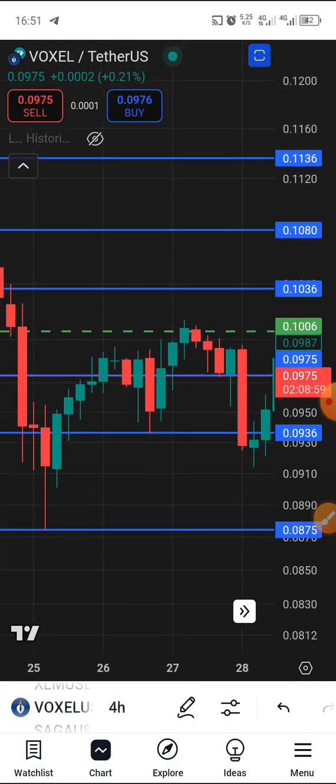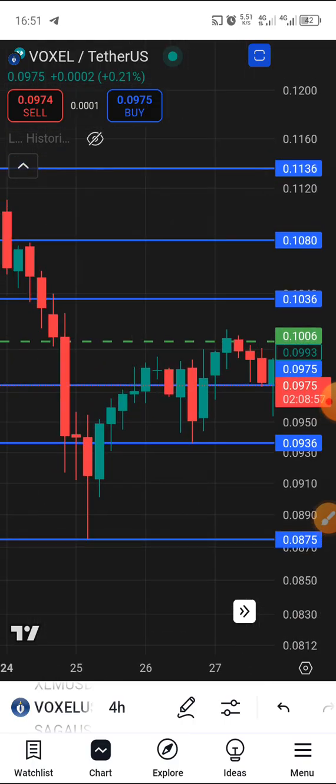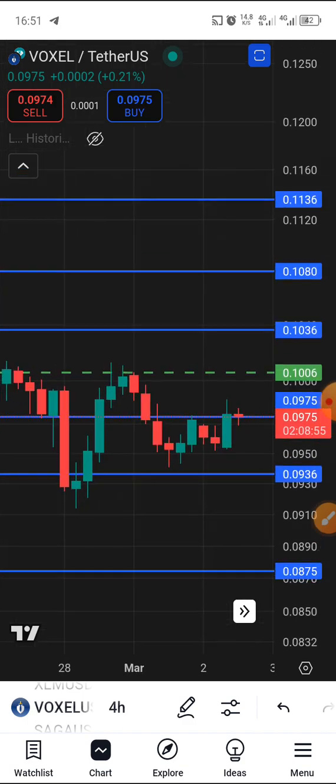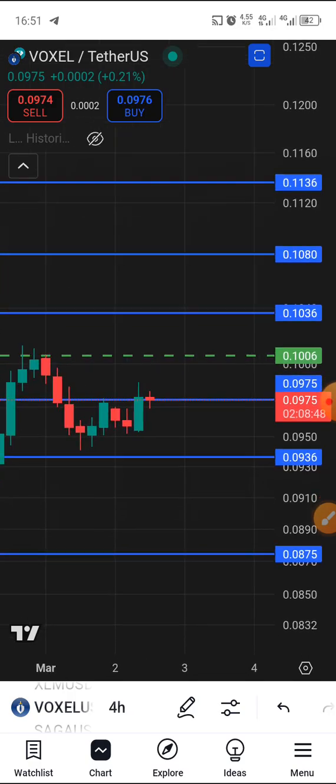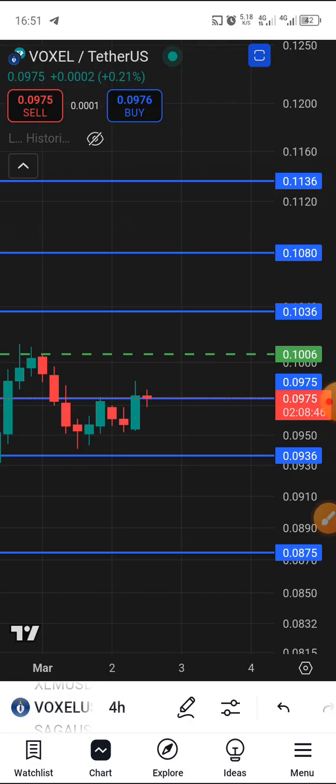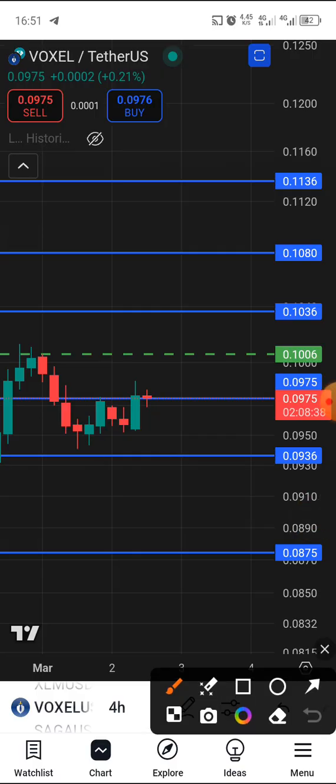Okay, so we drew this Fibonacci in the history, but it is providing us with these lines into the future. We can use these same lines as our support and as our resistance, because you see here, when prices went down, it respected this area here.